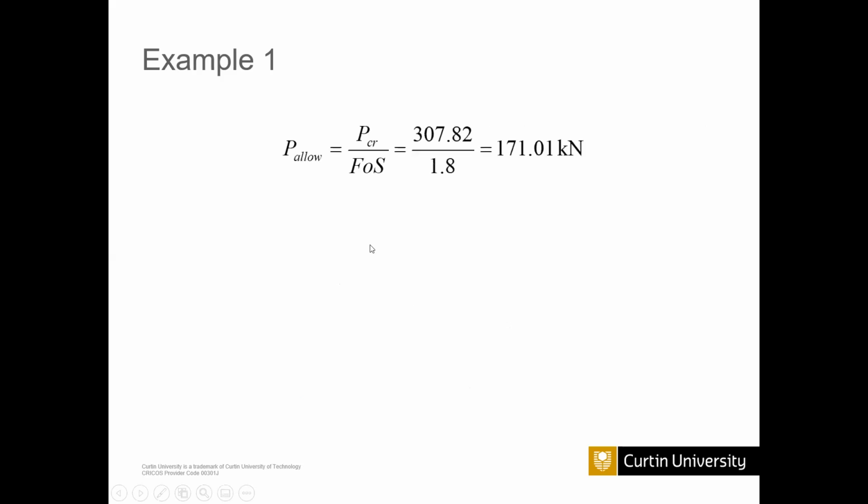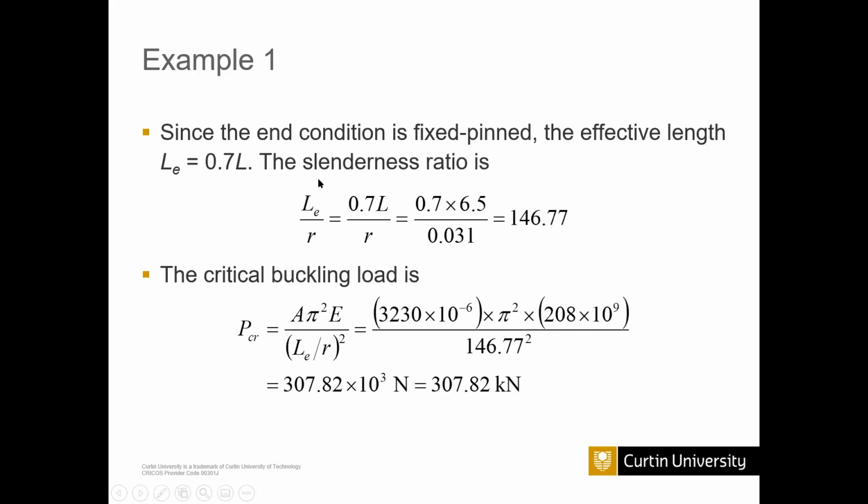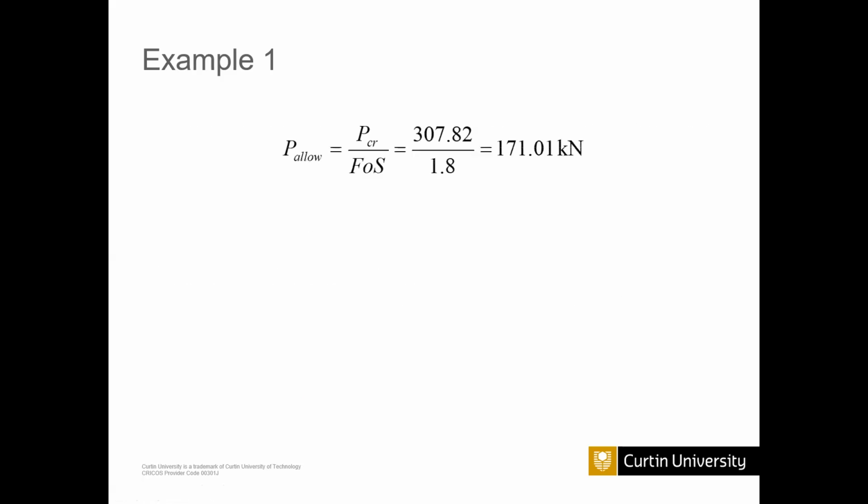And factor of safety. If it is a critical buckling load, factor of safety should be PCR divided by P allowable. Normally this is the maximum load that can be achieved, and this is the applied load. The factor of safety they provide already, so we can find out the allowable load.